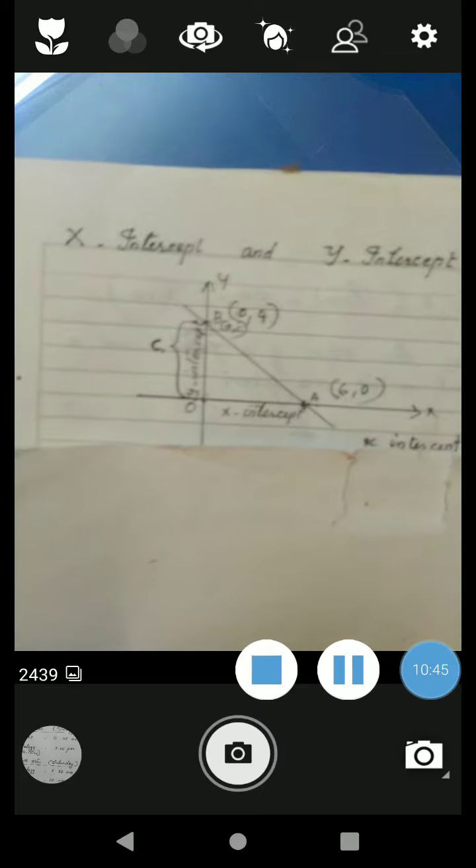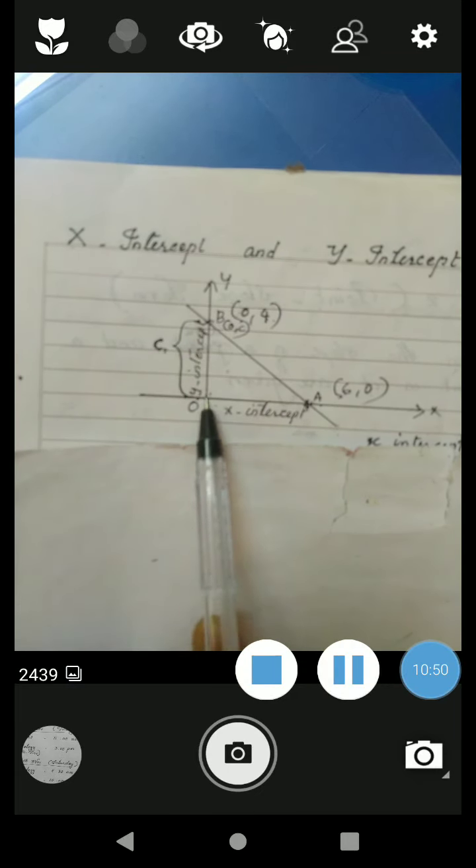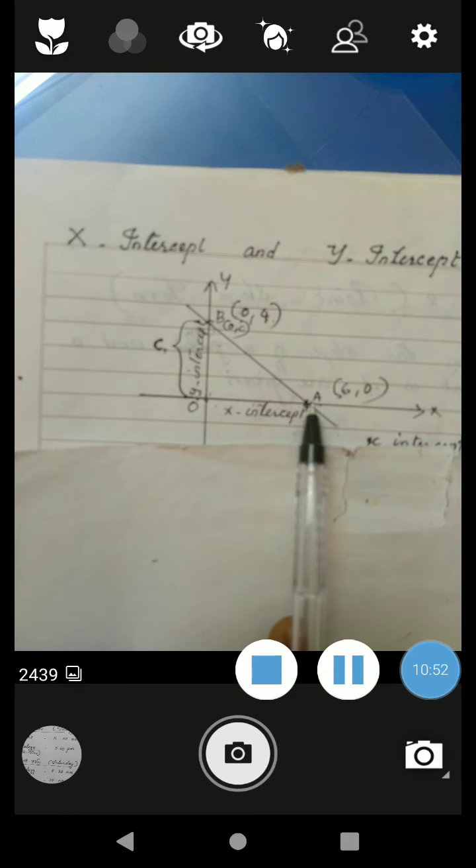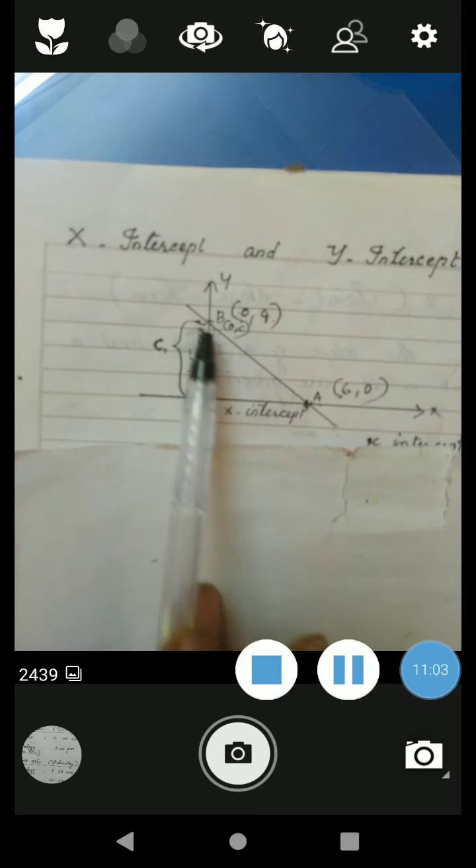What do you mean by x-intercept and y-intercept? Suppose you can see a line here, AB is a line. This line is passing through A on the x-axis and B on the y-axis.